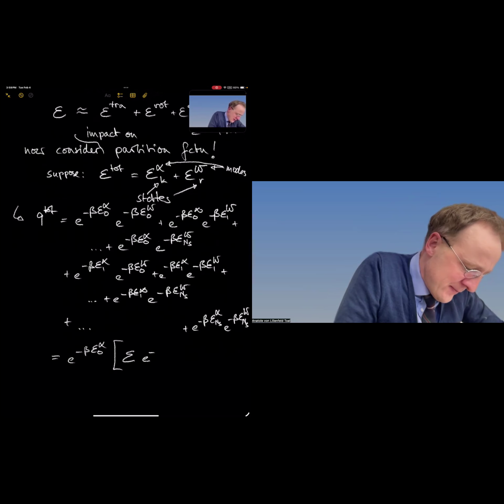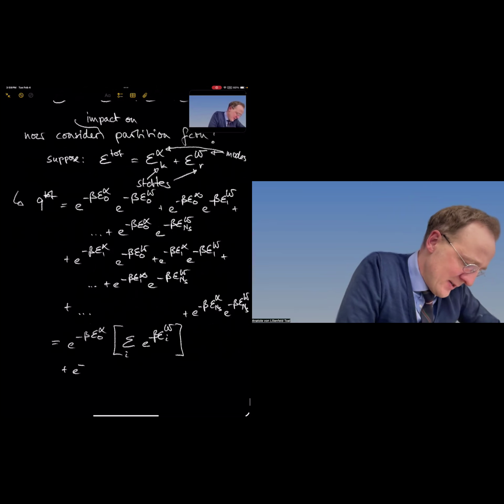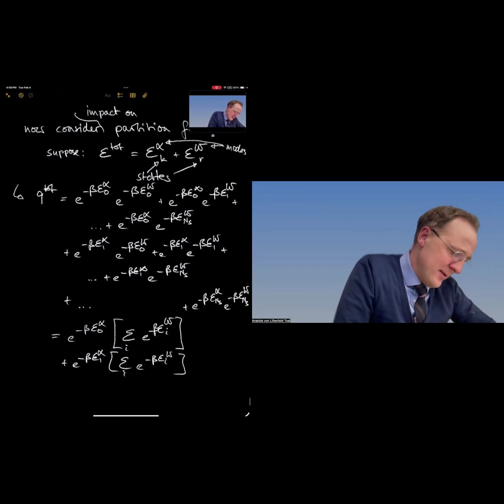and then I multiply this with the sum over all omega modes, right? Plus e to the minus beta epsilon 1 alpha, again, sum, right?